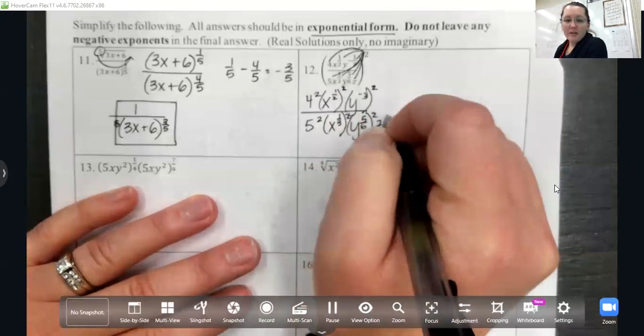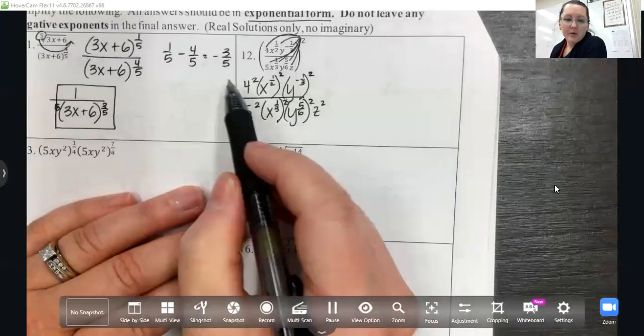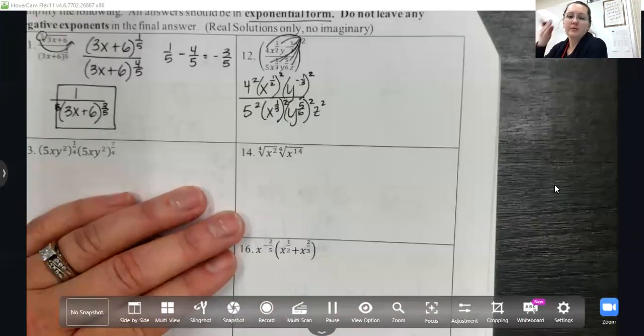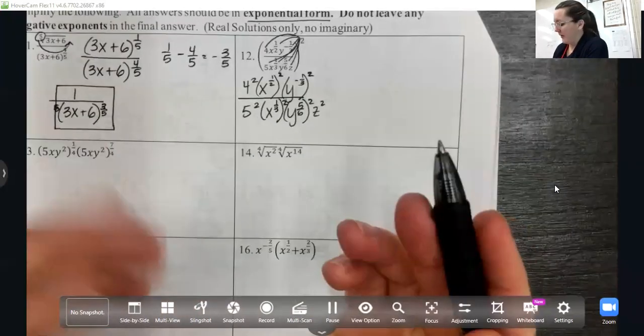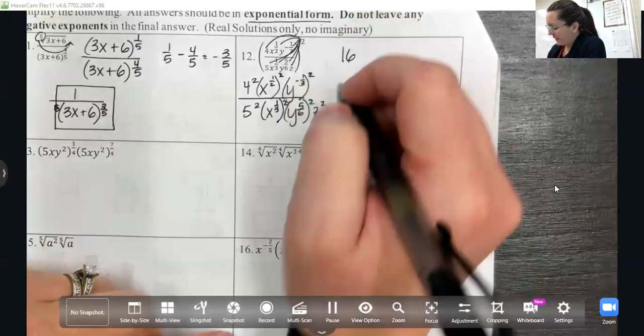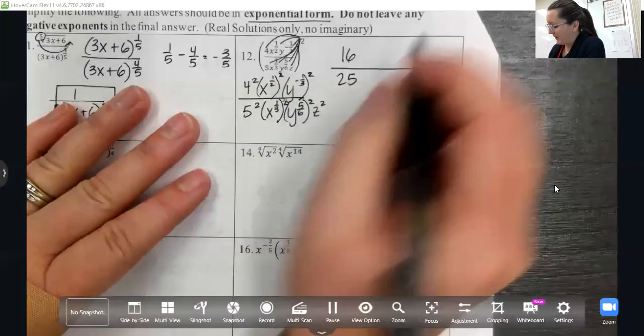All right, so when we raise a power to a power, we're multiplying. In the numbers, we don't do 4 times 2, we do 4 times 4, right? Because it's 4 squared. So don't forget, if you're raising a number to a power, you have to do that. So it's 16. Let's think about what's on top and what's on bottom. This is 25, right? I'm going to do it piece by piece.